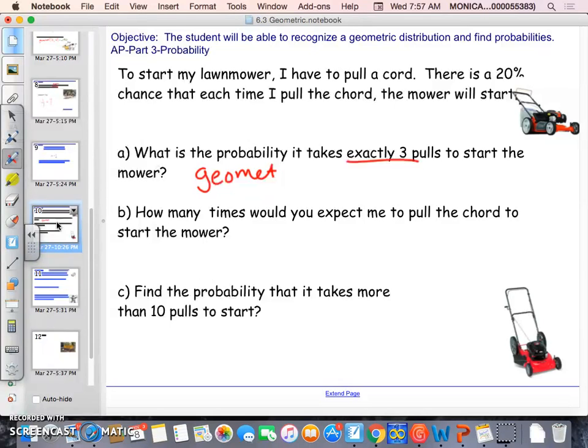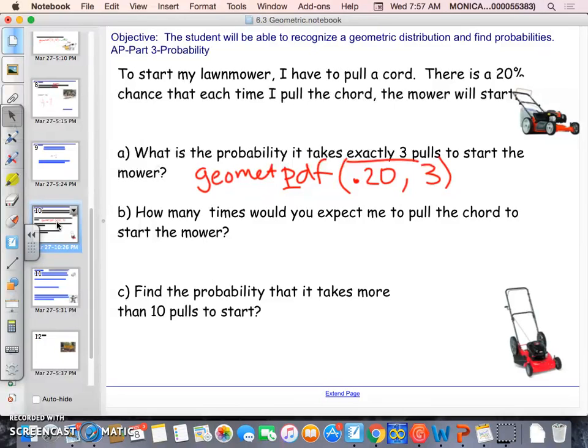distribution. So geometpdf, and this is PDF because it's exactly 3. And you're going to put in 20%. You can type it in as a decimal or a fraction, it doesn't matter. And 3 is your number of trials. So let's go ahead.